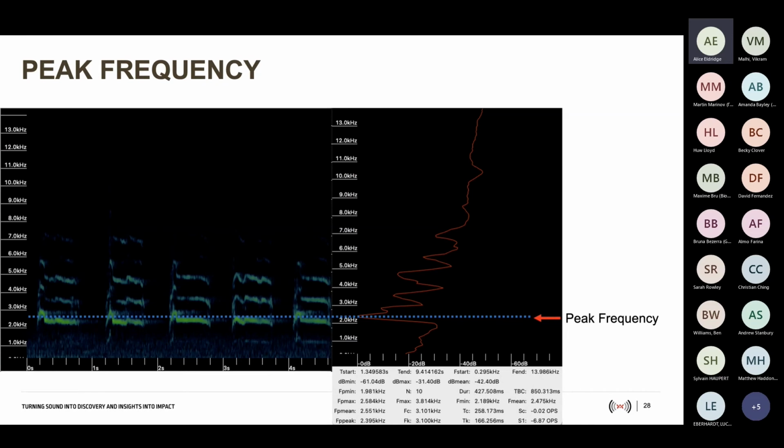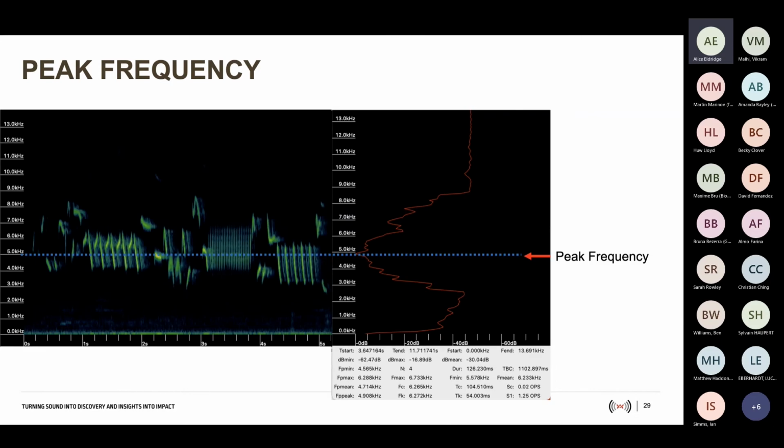Another quite interesting indicator for manual identification is peak frequency. Peak frequency is the loudest part of a particular sonogram or a call. So here, I think this is a buzzard again. We've got this nice call, and our peak frequency is at about 2.39 kilohertz. And it's applicable to any sort of call.